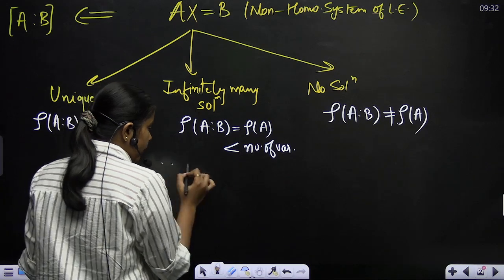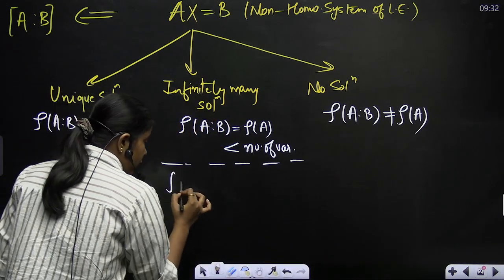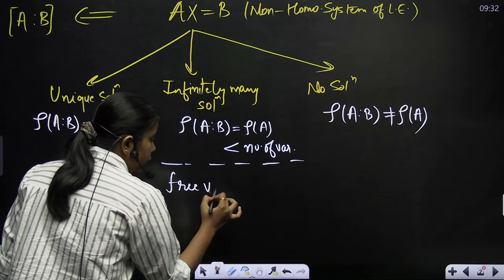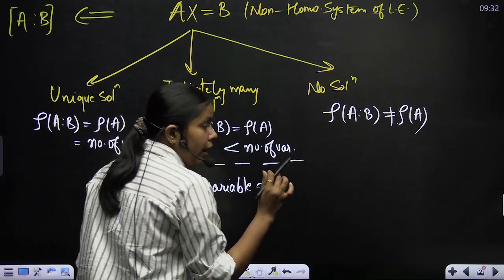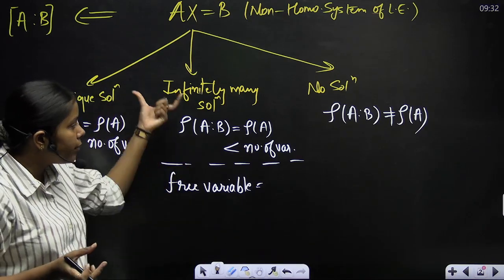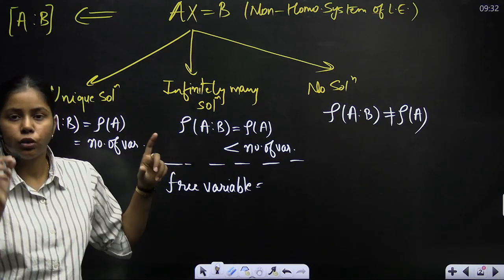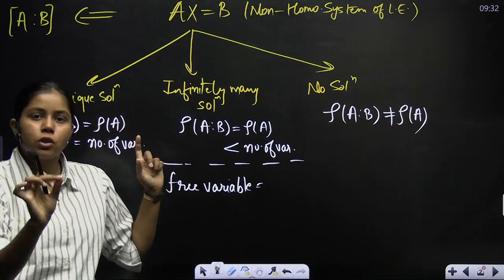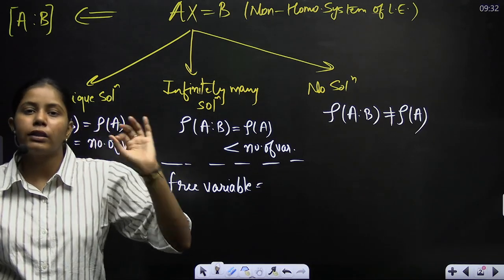One more thing we have discussed in infinitely many solutions is the free variable concept. How do you get infinitely many solutions? When you have a free variable. If one variable is free, then you are able to find infinitely many solutions, because you can substitute any real number for that free variable.